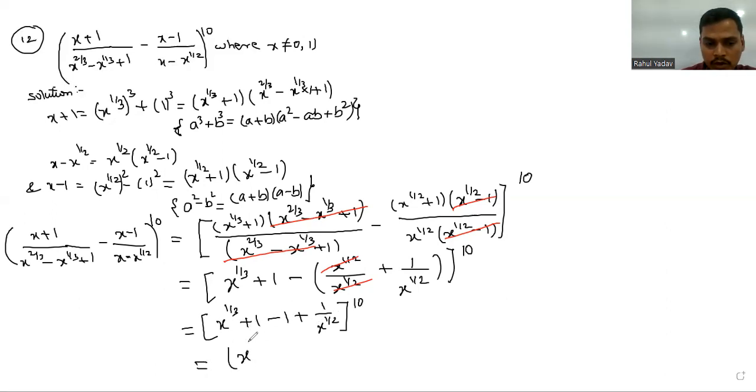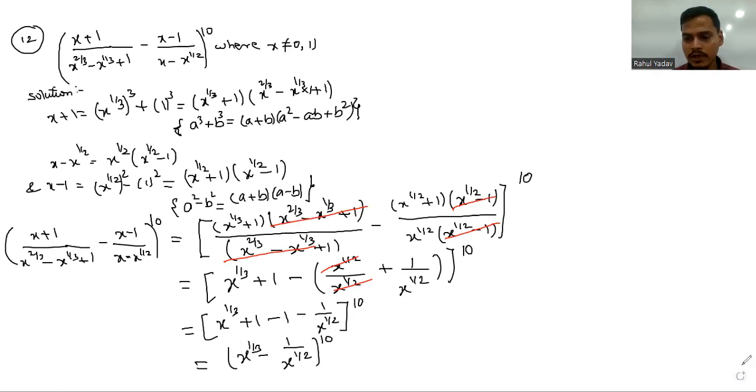What we are getting? We are getting x^(1/3). Student, as you see, minus and plus will be minus. So we are getting here minus only, right? So when I open the bracket, the sign will get changed. So I get here minus 1 upon x^(1/2), the whole power 10.